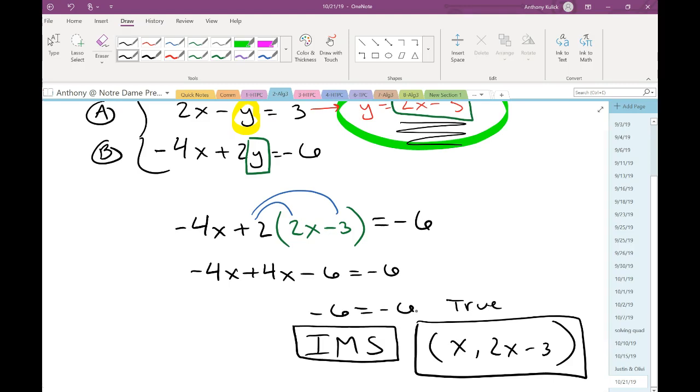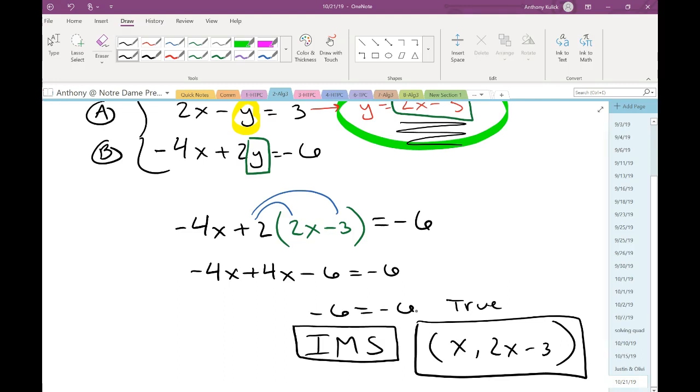So for example, what that says is I can pick any value for x, and if I find my y by doing 2x minus 3, that's going to be a point that solves the system, or is going to be a solution to that system.